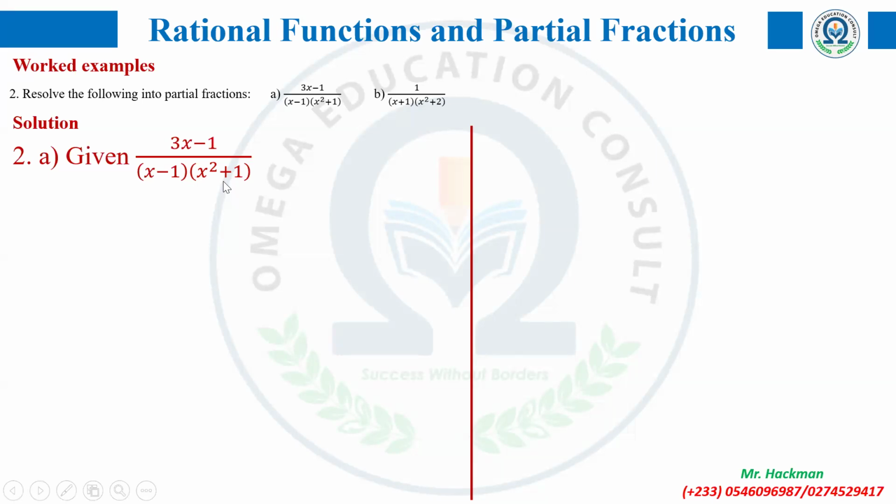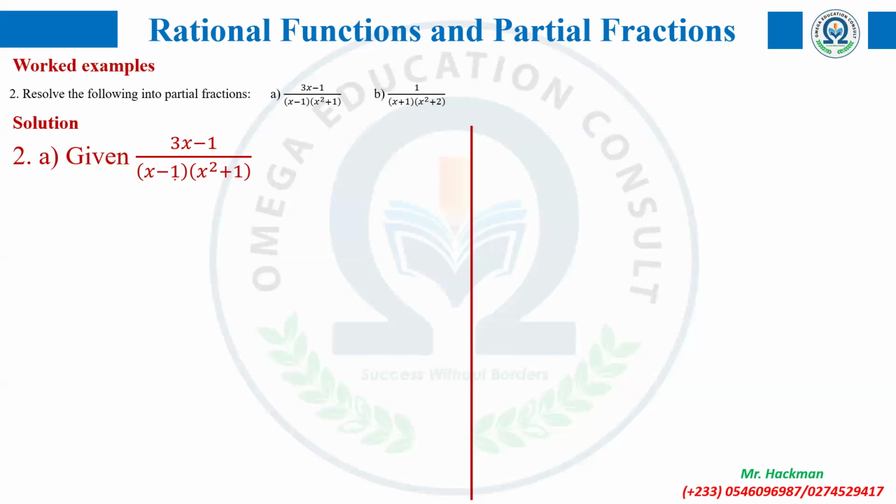This is quadratic, and it's not factorable because if this was minus, we could have used difference of 2 squares to factorize. But if this is plus, we cannot. We don't have a sum of 2 squares factorization. So please take notes. At this point, we are more than good to go. We know the factors sitting in the denominator, none of them is factorable, so we can go and write our identity.